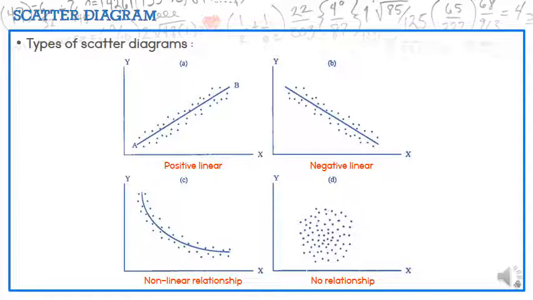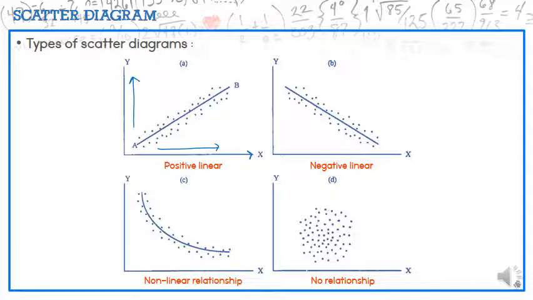And from this example also, we can differentiate between a few types of relationship. So in the first diagram here, we can see that as x increases, y tends to increase.